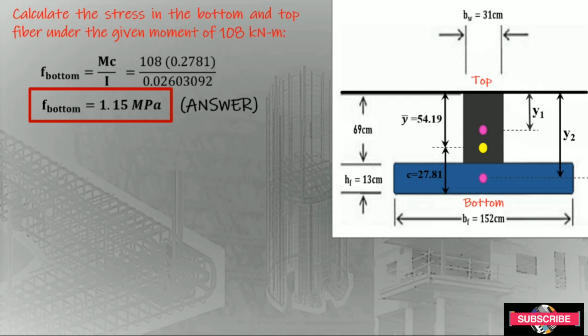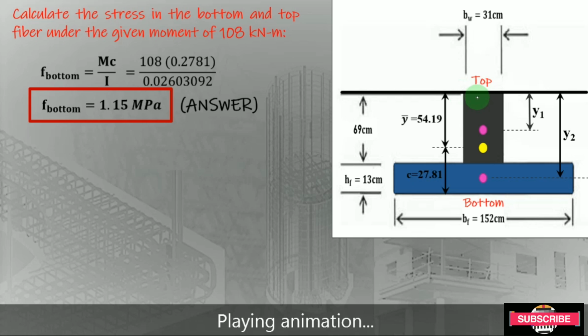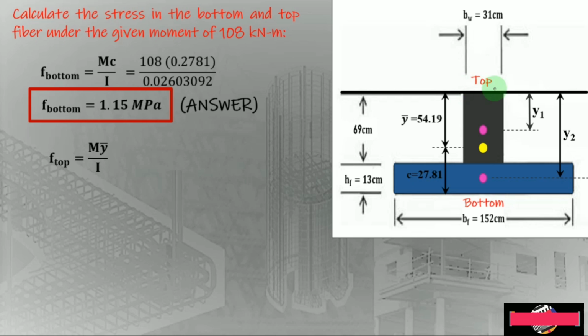So how about the top portion of this inverted beam? Here we are going to use this y bar, because the distance from the top of this web to the centroidal axis is denoted by y bar, which is equal to 54.19 centimeters.